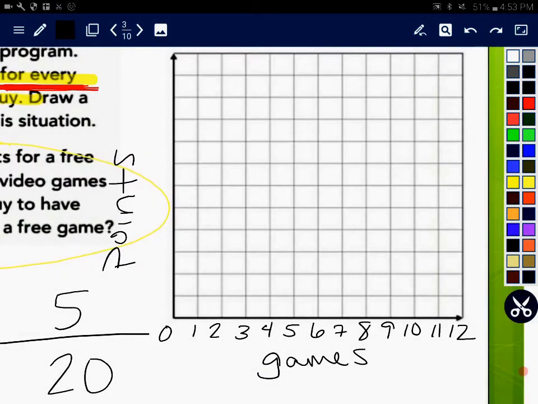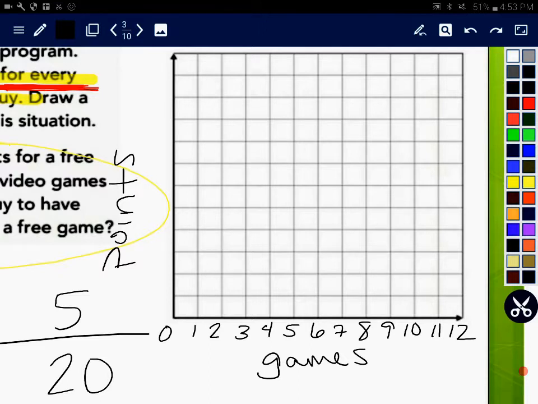I'm going to change my mind here, and I'm going to relabel the y-axis where it reaches 48, so that if I continue the pattern that I see, I'll be able to figure out the answer just by looking at the graph rather than trying to figure it out in my head. So I want to reach 48 at the top. Well, I have 12 tick marks. 48 divided by 12 is 4. So that actually works out for earning 4 points for every one game.